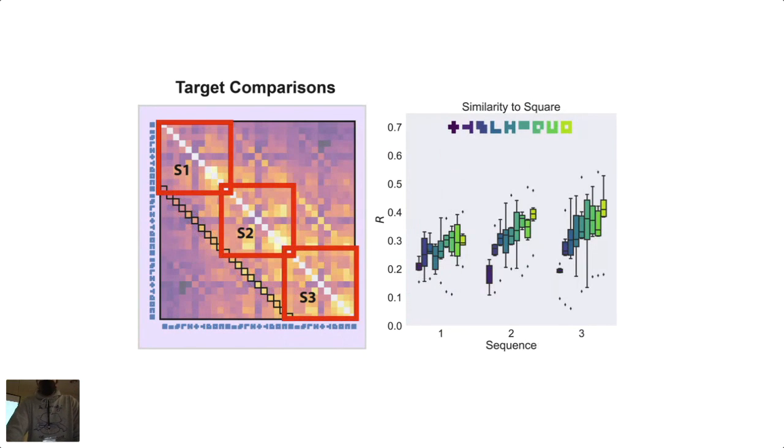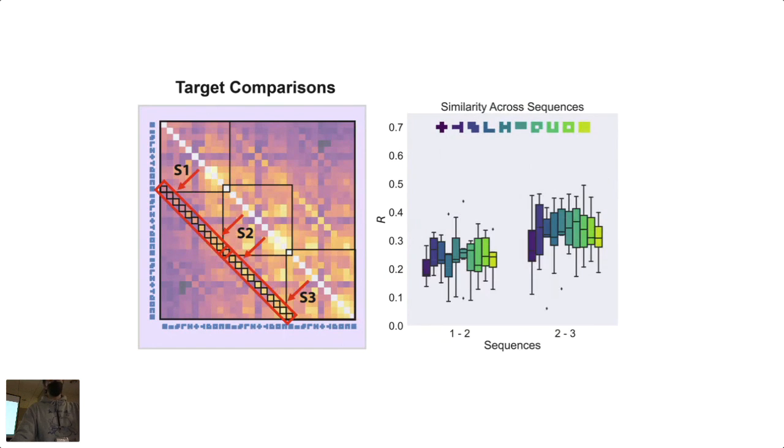Well, we get this rank order again. Certain shapes are more similar to a square reference than others. However, some of the ordering in the middle especially is a little different if you look in detail at the differences. But overall, the extremes are relatively similar across the two approaches.